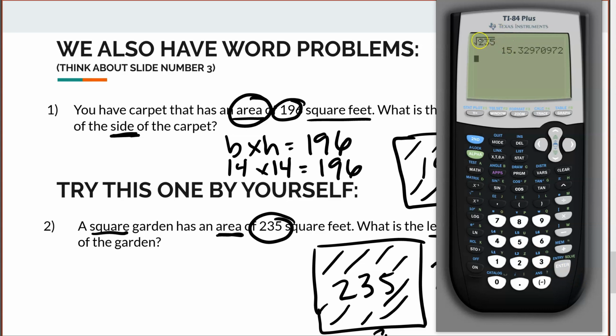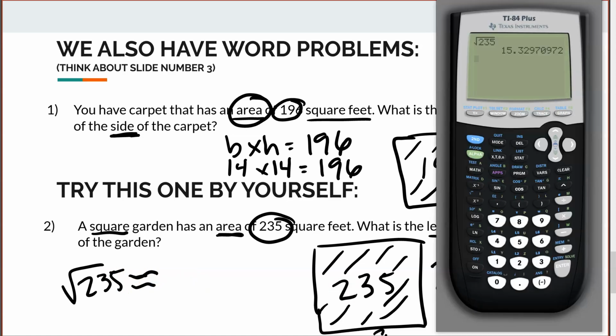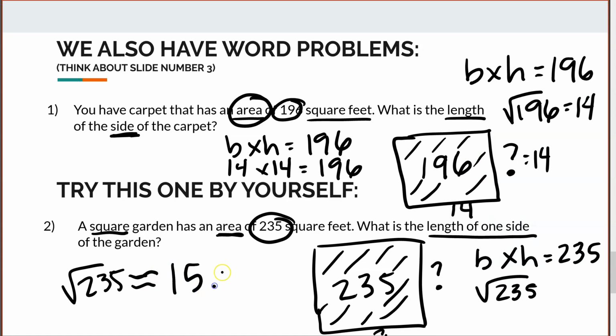Well, this one is an irrational number, right? It gave me a decimal, and that's okay. That is okay. So that means your answer, square root of 235, is approximately 15.3. All right, now you will round if it tells you to round.